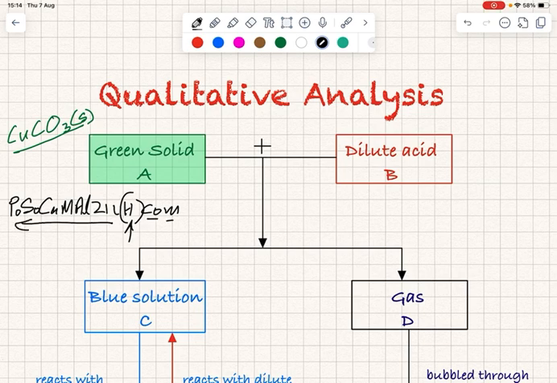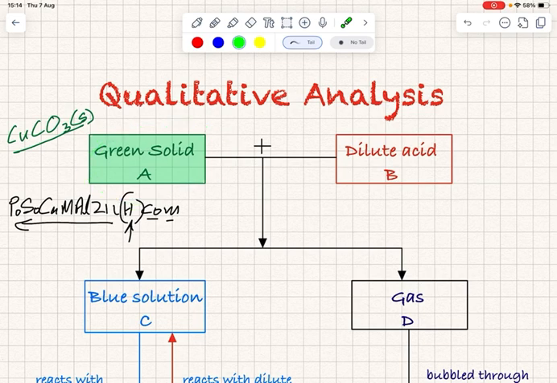But copper, mercury, gold, platinum, obviously do not react with acid. But we were given green solid A, not copper metal as an element, but a compound of copper 2+. So copper carbonate does react with this dilute acid, no harm at all. Hence, A is a green compound which we need to find out in more detail.